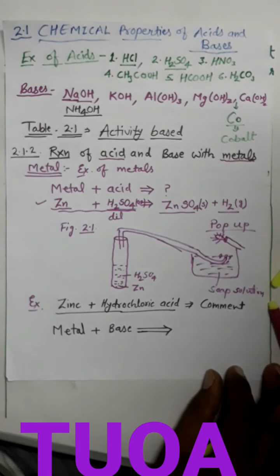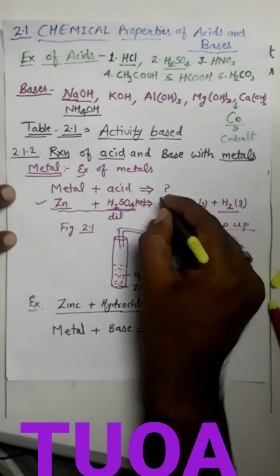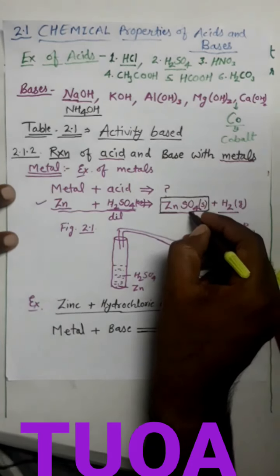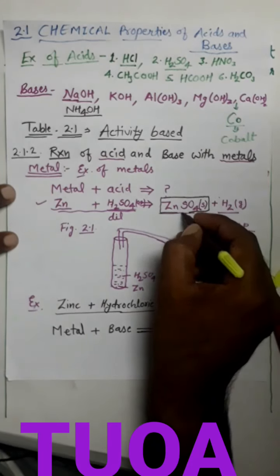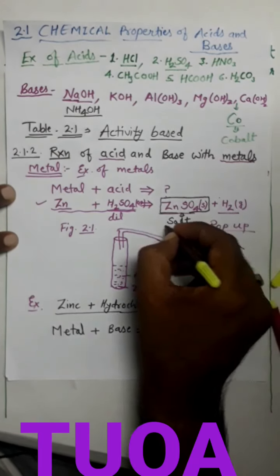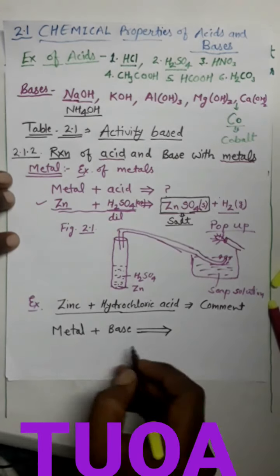Without performing this activity, we cannot predict what will happen. One more important point is that in this reaction, the second product, whether you say first or second, this product is a salt. We will be discussing more about salts at a later stage.